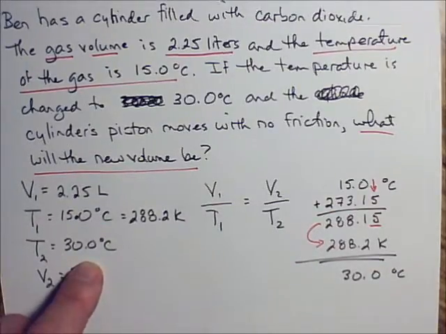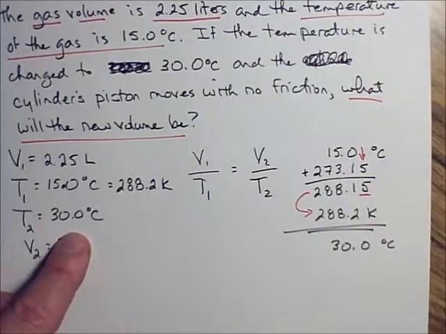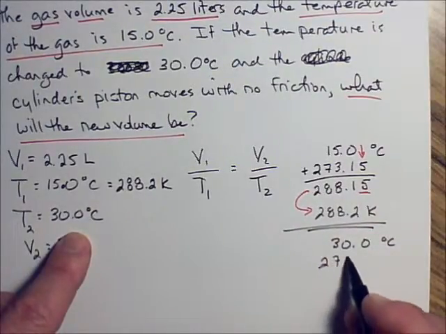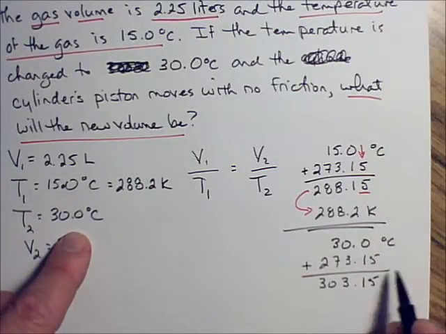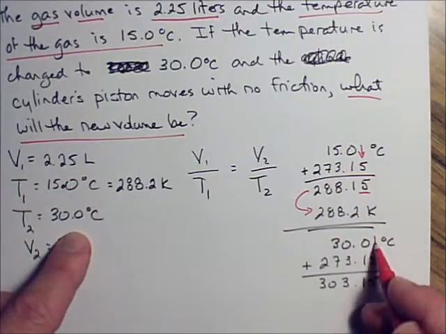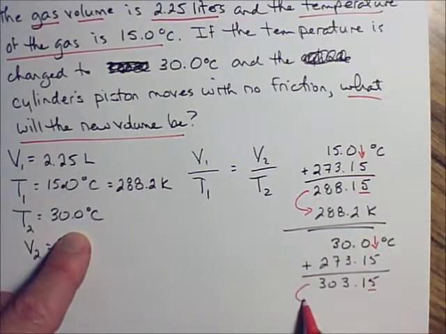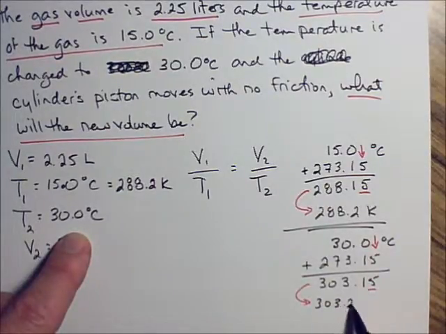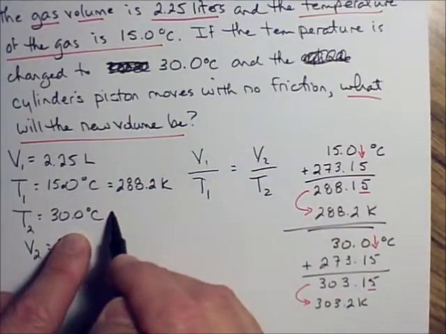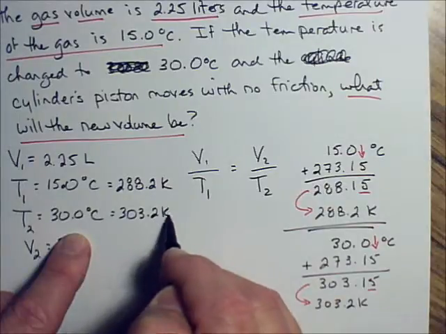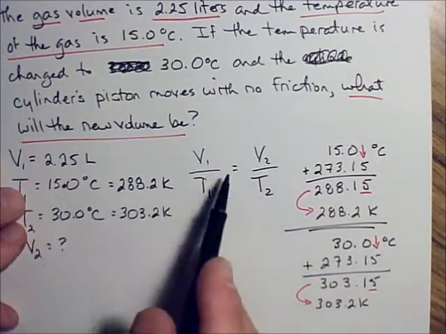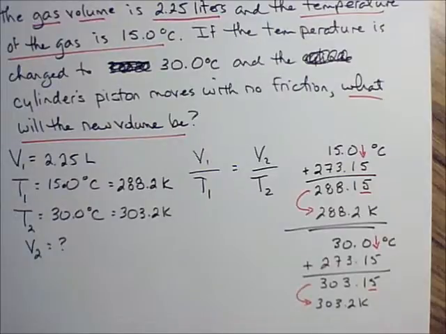You can do that now, right? 303.15. So this is then 303.2 K. So now we have everything we need to actually start plugging in.